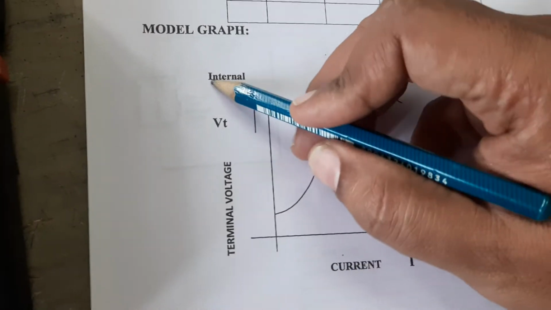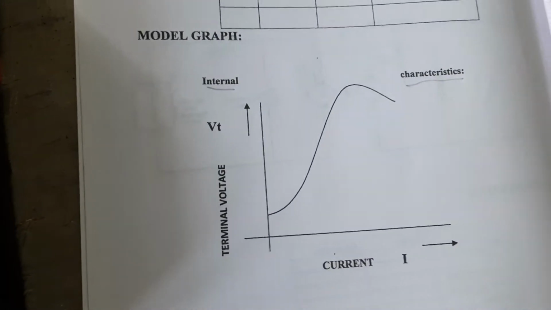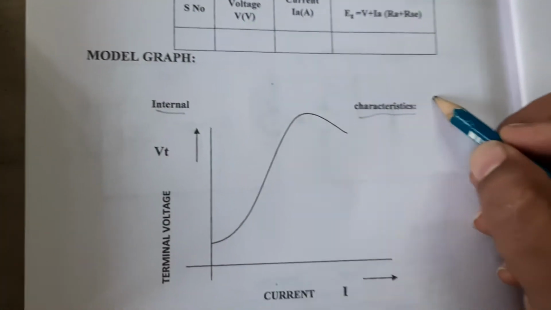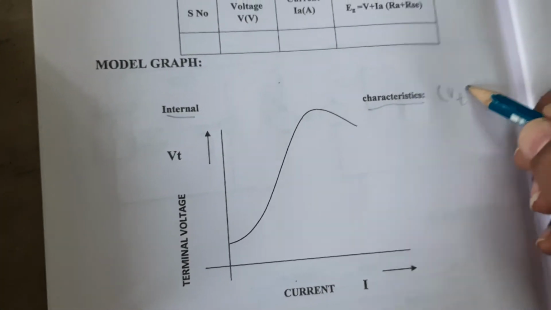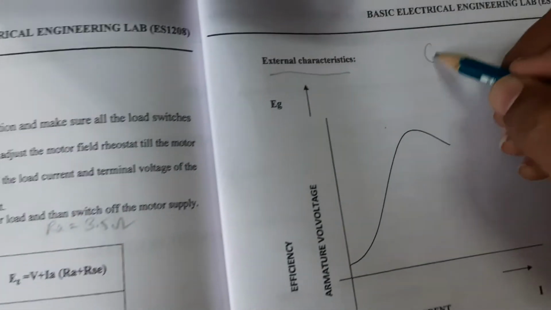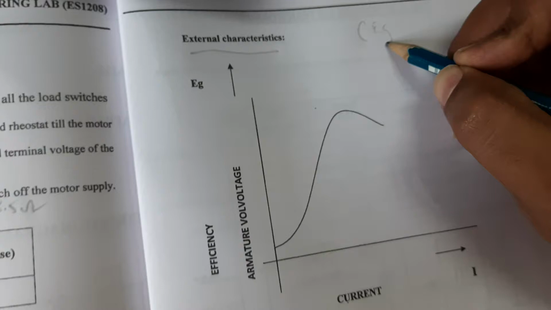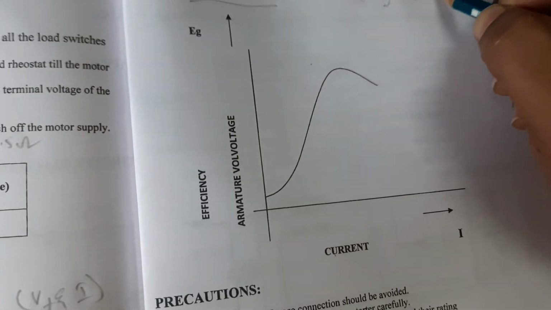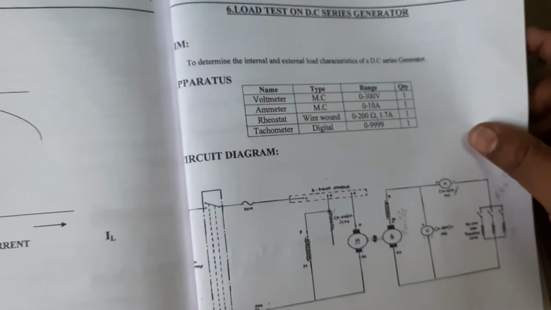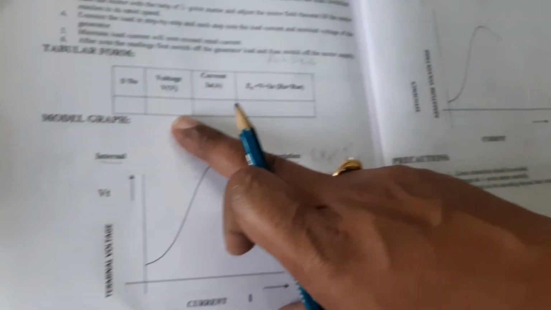The internal characteristics are studied for terminal voltage versus current, and the external characteristics are for generated voltage versus current. This test is made to draw those two characteristics.